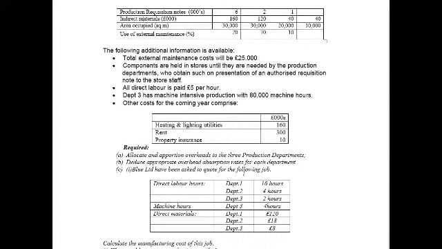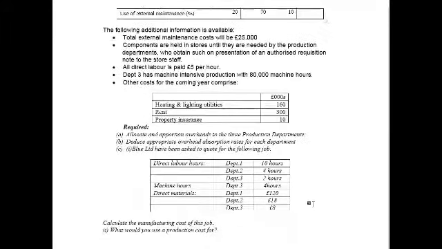So that's what we have been asked to do in this. We have been given some additional information in this question, and for this scenario we have to work out the product cost or the manufacturing cost of this job, and just comment on what you would use a production cost for. So if we work out production cost, what is the purpose of working it out?